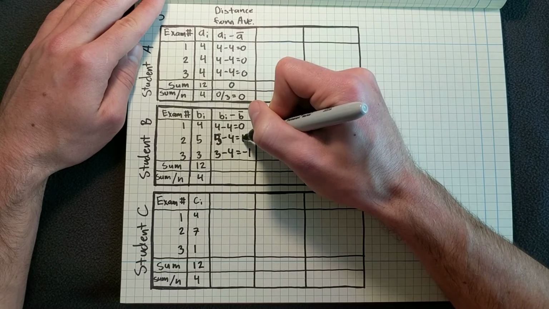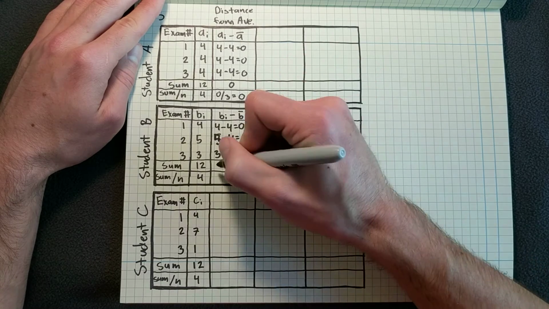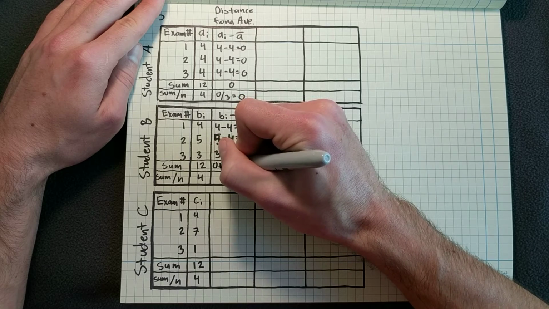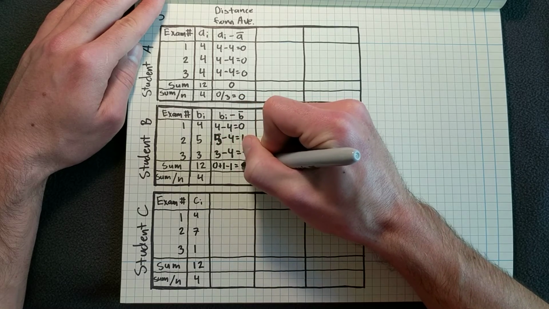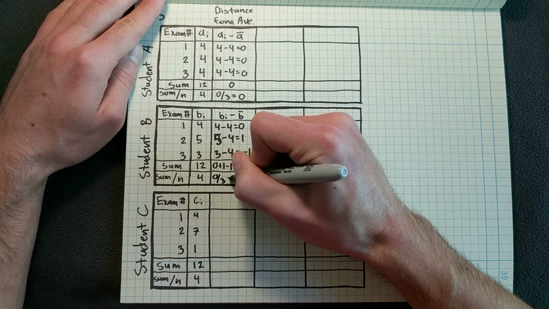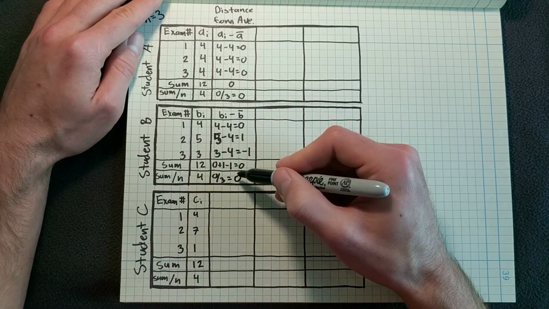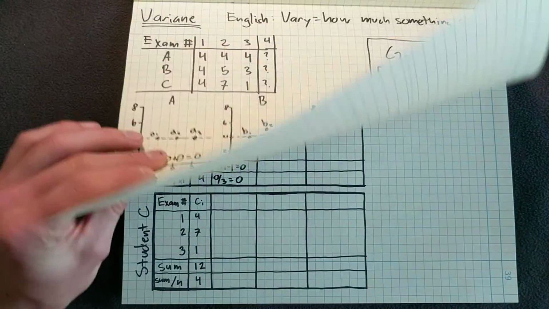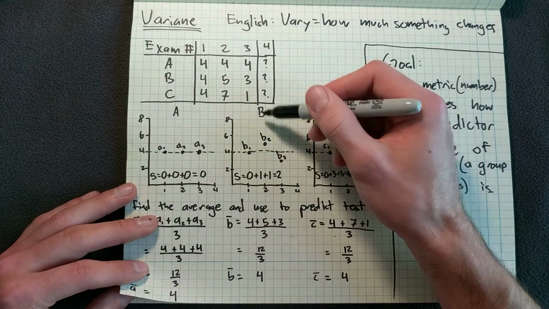And the sum of this, 0 plus 1 minus 1, that equals 0. Crap. And then 0 divided by 3 equals 0. So this is obviously a problem. Remember, we actually wanted our score to be 2 for B.